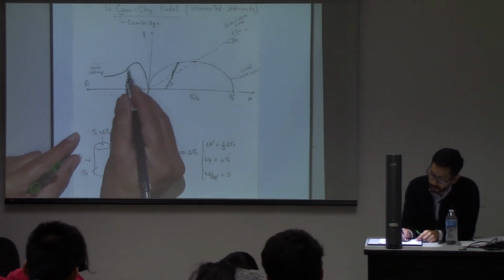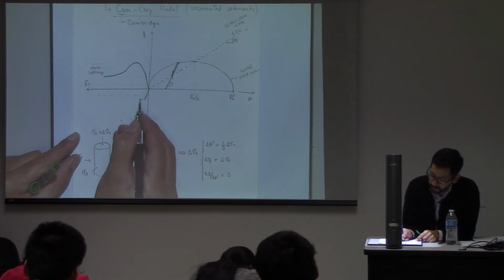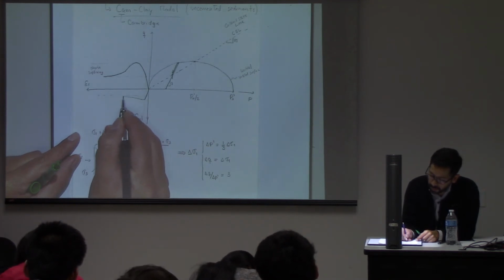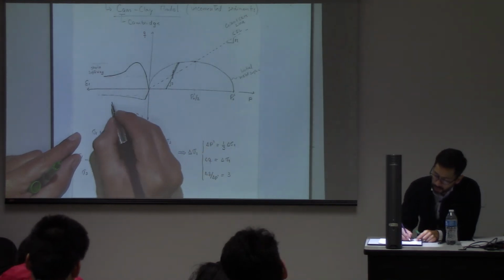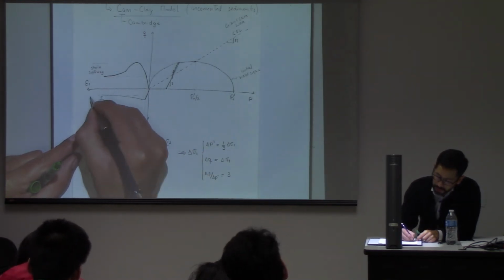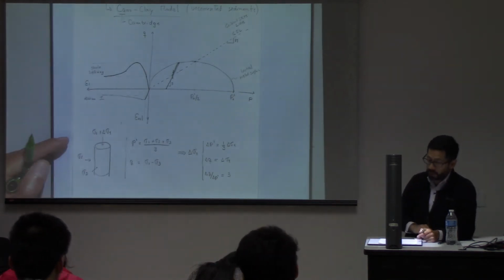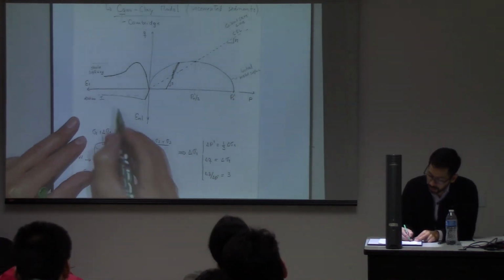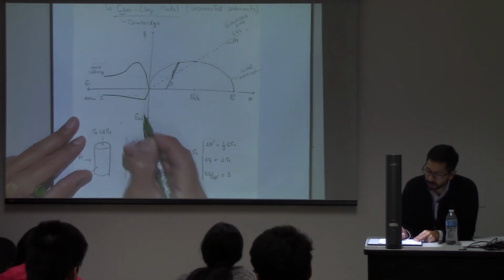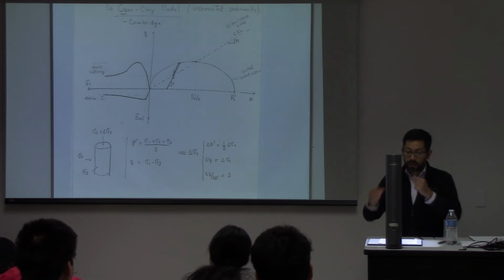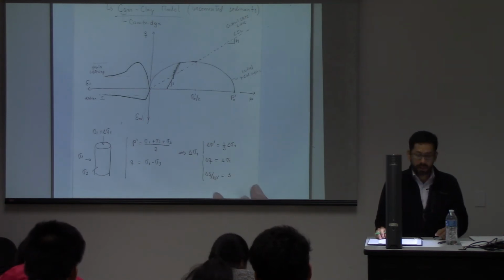As we go over that hump, the material is going to dilate. So all of this region is dilation. Notice that the change in volumetric strain is negative, which means that it's a dilation. We assume that positive changes are contraction, negative changes are dilation.